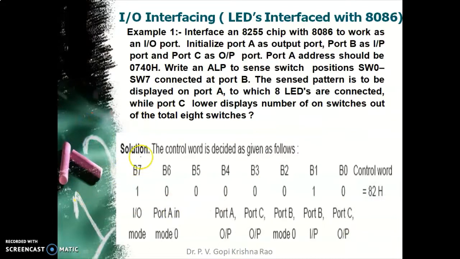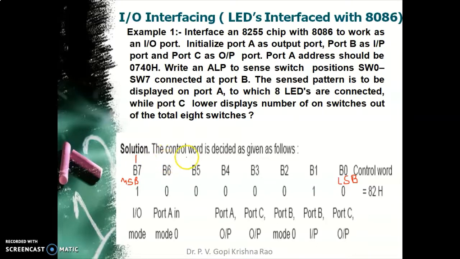So this is the D7 bit, this is the D0 bit, this is your MSB. What mode are we operating? IO mode. So D7 should be equal to 0, and all the ports should be operated in mode 0.